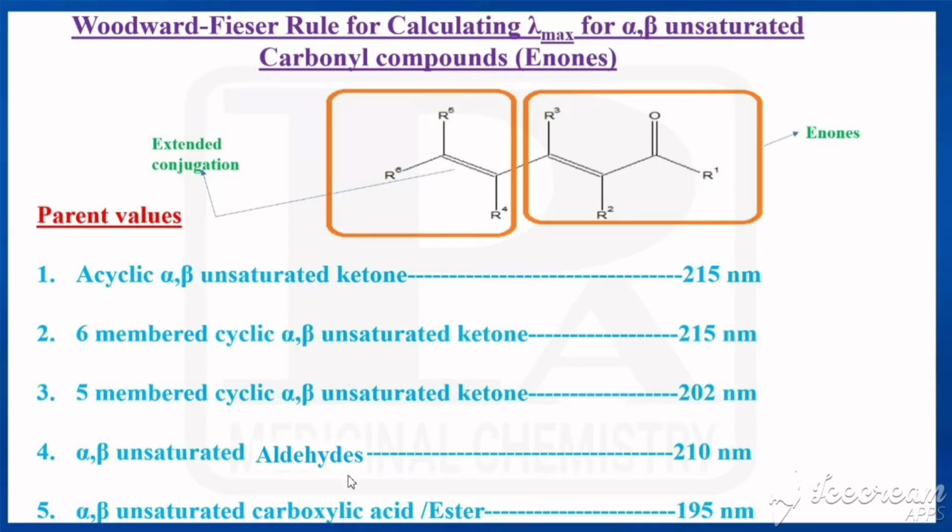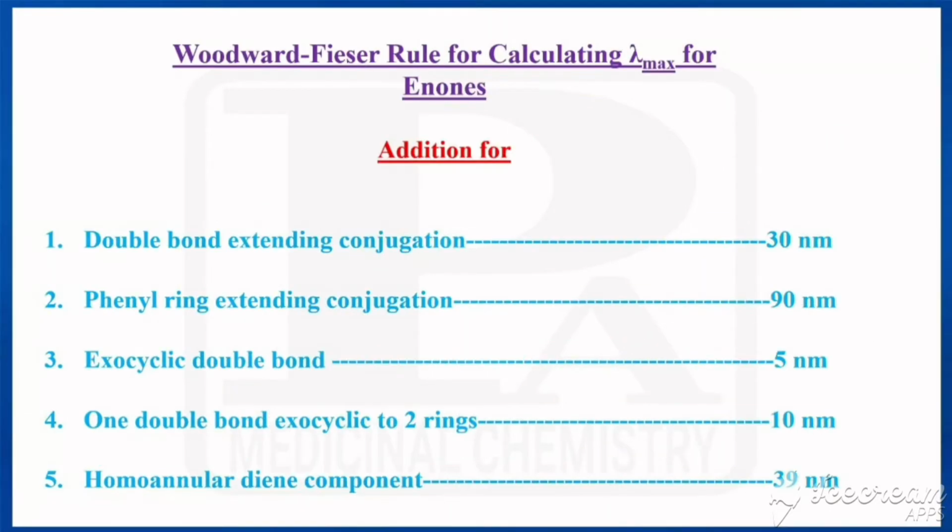For alpha beta unsaturated aldehydes, the value would be 210 nanometers. For alpha beta unsaturated carboxylic acids or esters, the value would be 195 nanometers. So these are the base values.